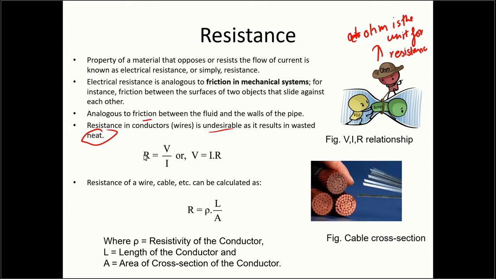So resistance is equal to voltage divided by I, or if you rearrange, voltage is equal to I times R, and this is also called Ohm's law. So Ohm's law is V equals I times R, and this is one of the most important formulas for any electrical engineer.